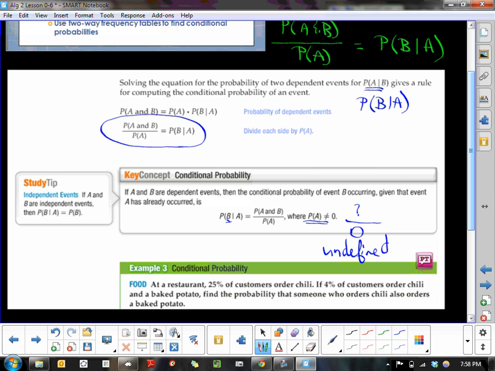The second little context over here, in the study tip, is independent events. What if A and B were really independent? If A and B were independent, then A should have no impact or bearing on the probability of B occurring.